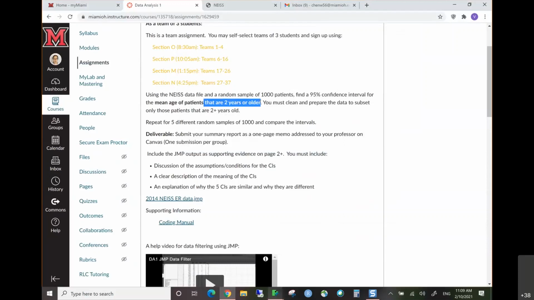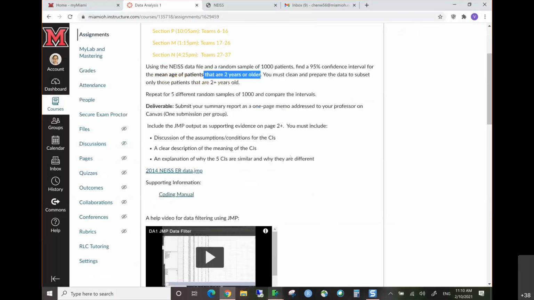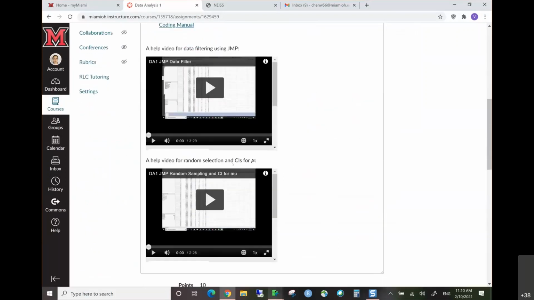And then as your sample, with that sample, you find the 95% confidence interval by JMP, not by hand. For finding the confidence intervals and for how to randomly select 1,000 from the whole population, here is another video.